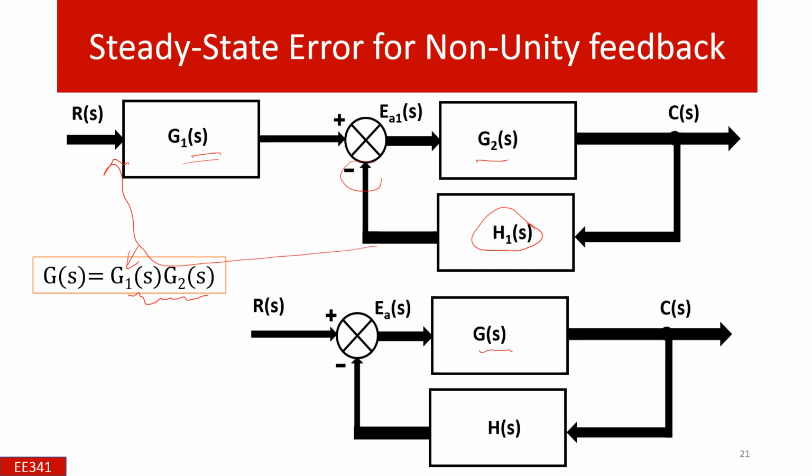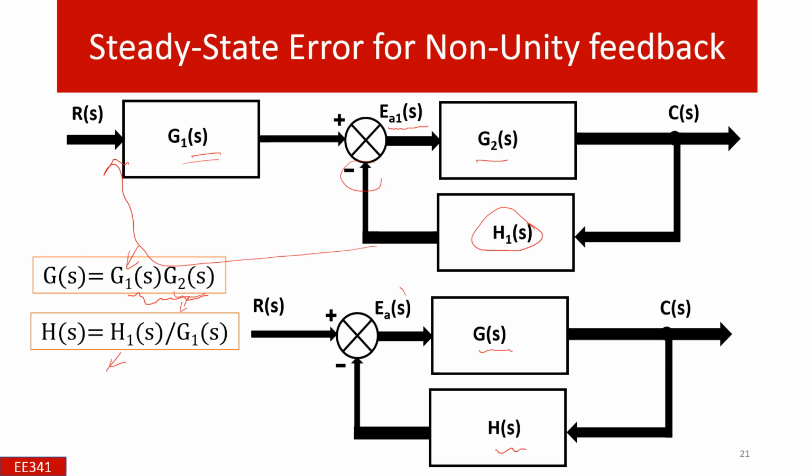Here G1 is representing the transfer function of the transducer, and G2 is representing the combined transfer function of the controller and the plant, and H(s) is representing the scaled value of the original feedback system, and the actuating signal in this case is E sub A1 in the s domain.